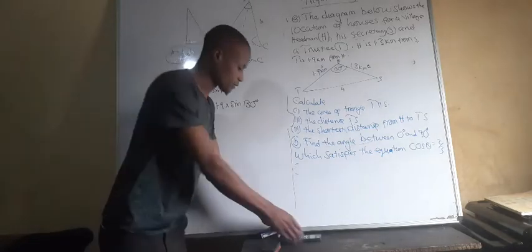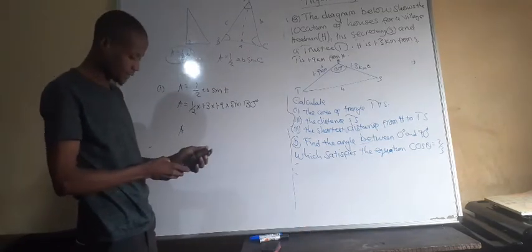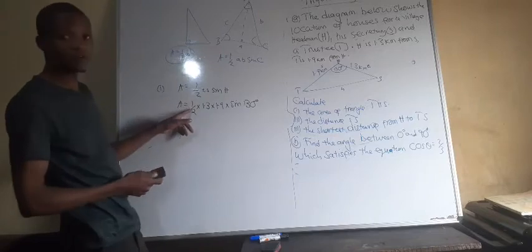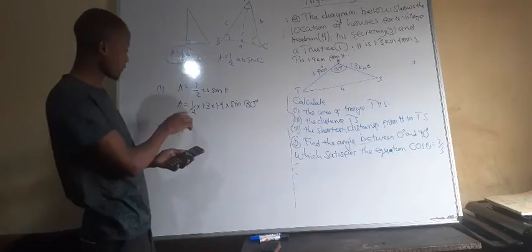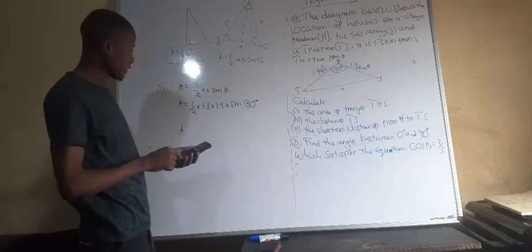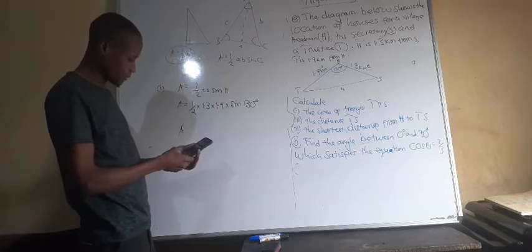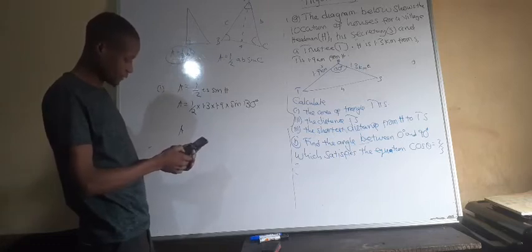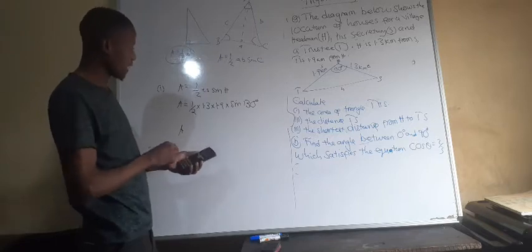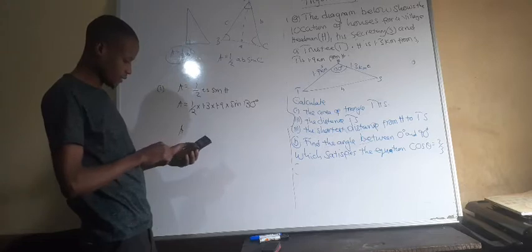So let us multiply that. Now 1 over 2 is the same as 0.5. So you can say 0.5 times 1.3 times 1.9, then times the sine of 130.